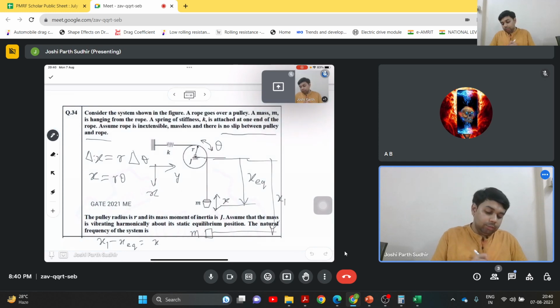So let us say this point moves by some amount x2. So this point also moves by the same amount x2.